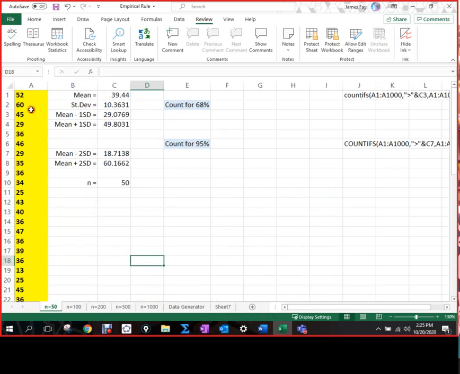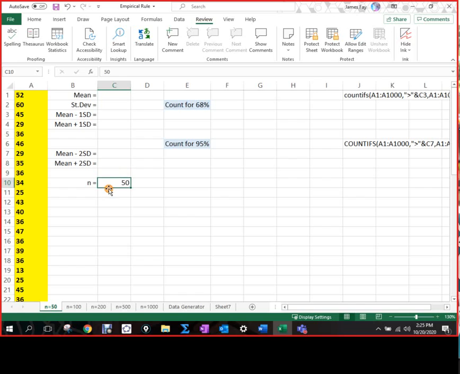It will allow us to determine the standard deviation and the mean, and then count how many of those data points are inside that one standard deviation range.